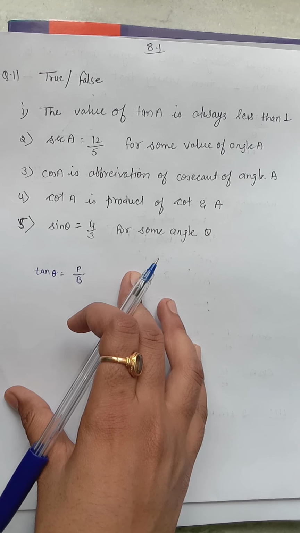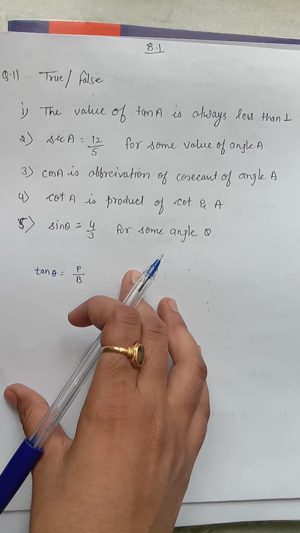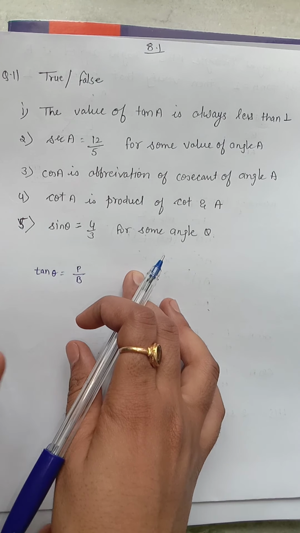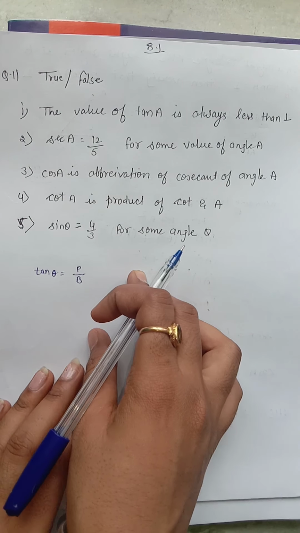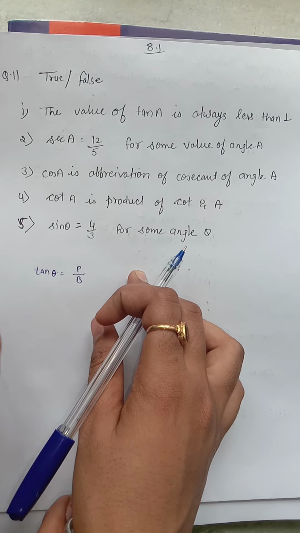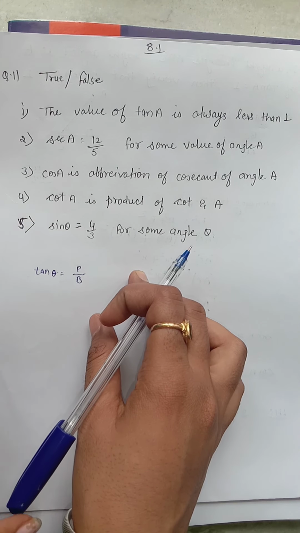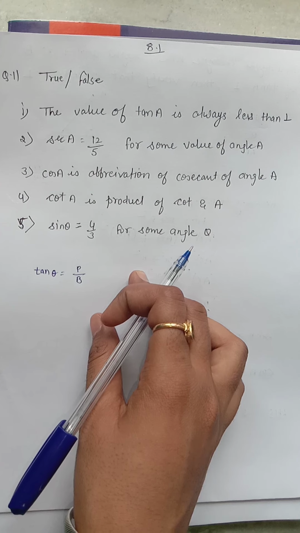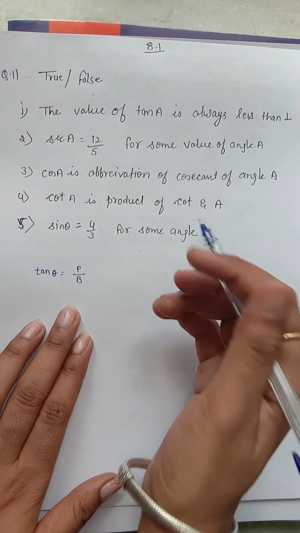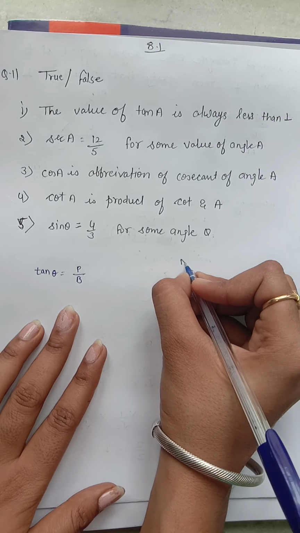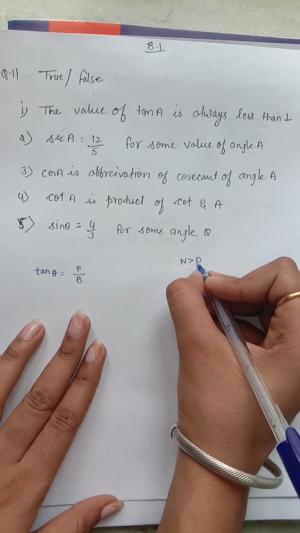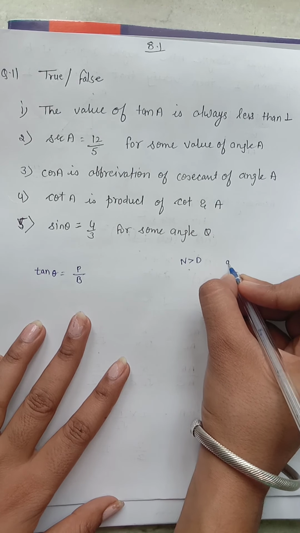If there is a rational number, if numerator is greater than denominator, the answer will be greater than 1. Clear? And if the numerator is less than denominator, the answer is less than 1.